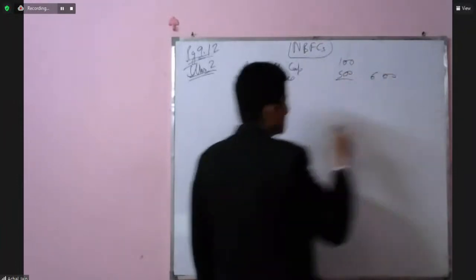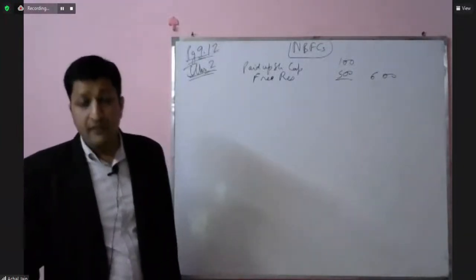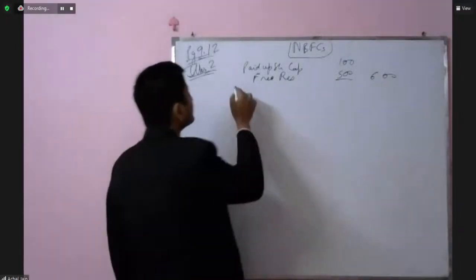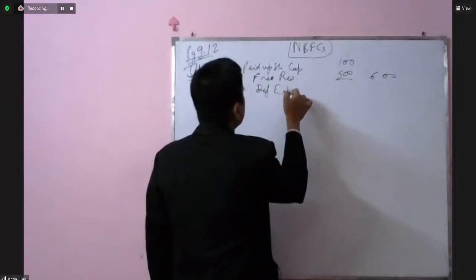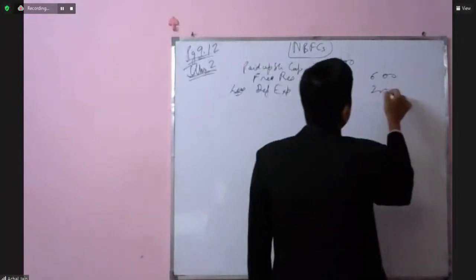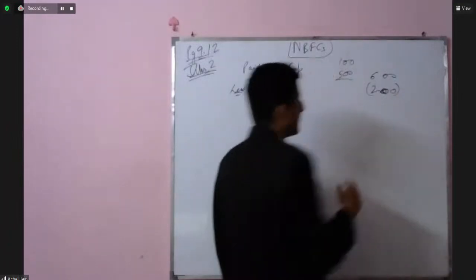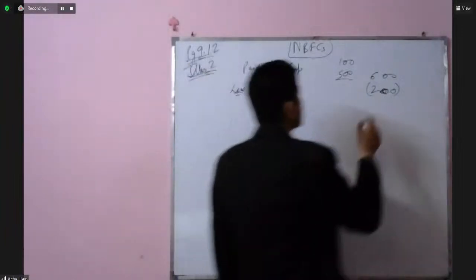So this becomes 600. From this, we understand there is deferred expenditure which needs to be eliminated. Less deferred expenditure, 200. Okay, so we get 400.